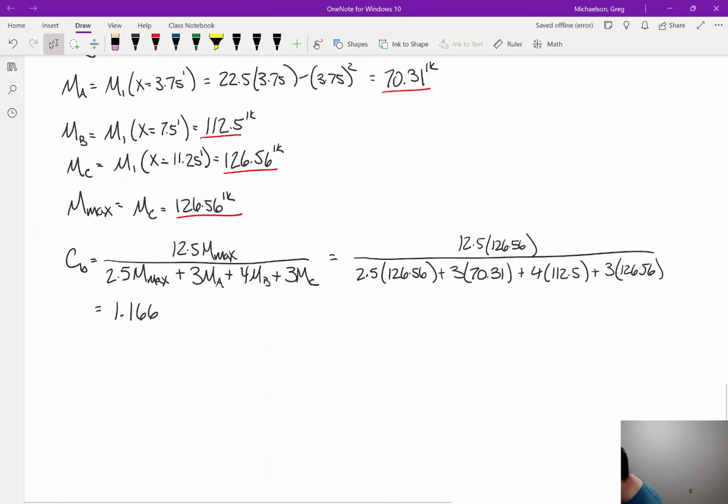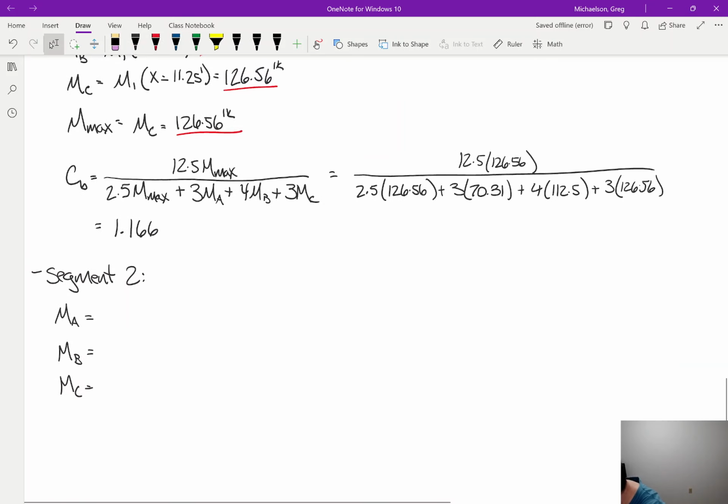Now let's look at segment 2. So we're still using the same moment expression. Okay, so we have MA, MB, MC, and Mmax.